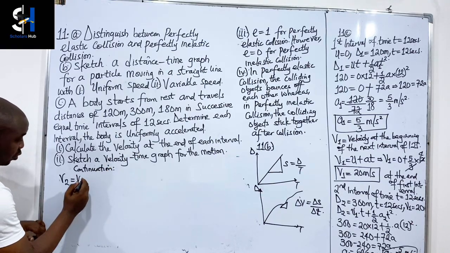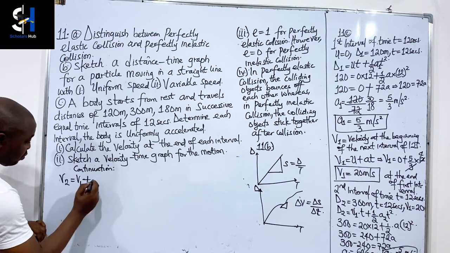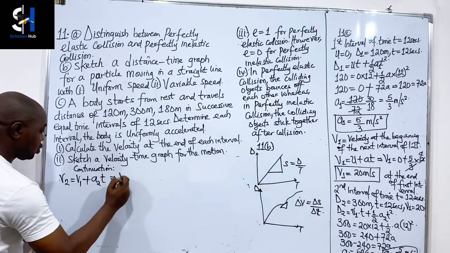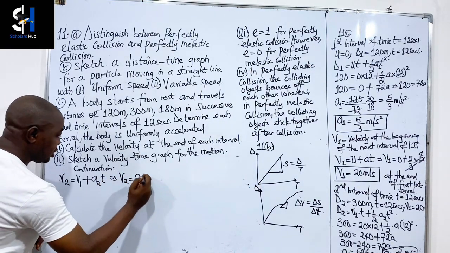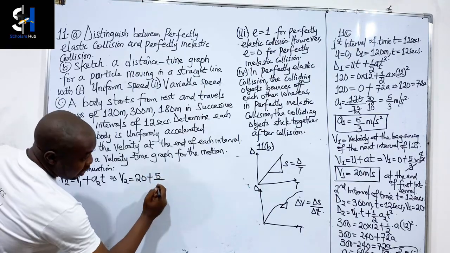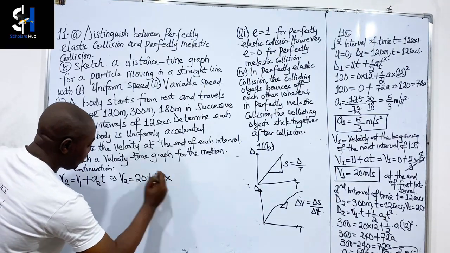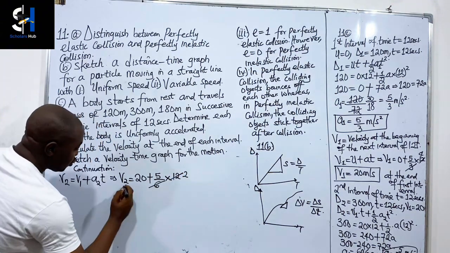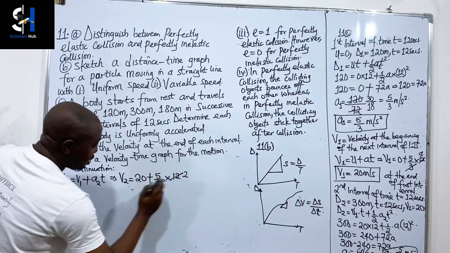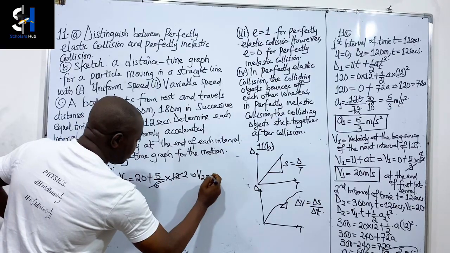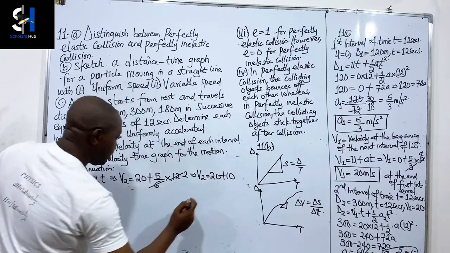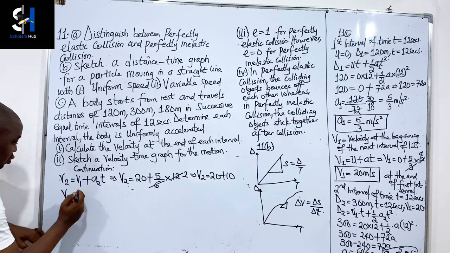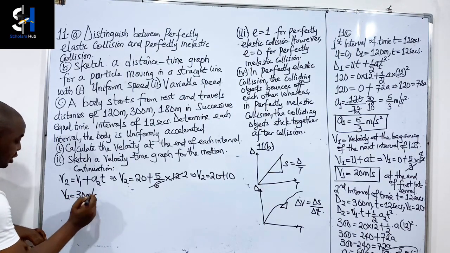So this will be plus a2 times t. So v2 equals 20 plus 5 over 6, which is the acceleration, multiplied by 12. So that v2 will be equal to 20 plus 10. Okay, so that v2 will be equal to 30 meters per second.